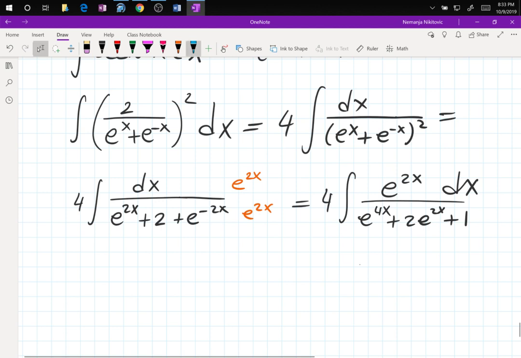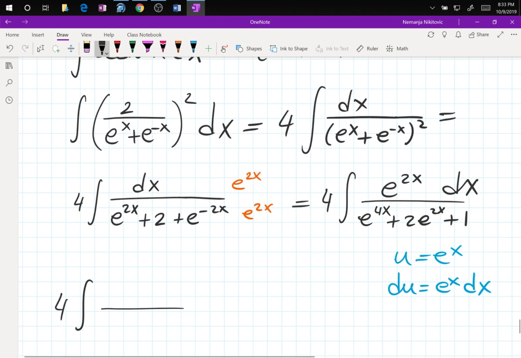U sub: u equals e to the x, du equals e to the x dx. So 4 integral. Now on top, you have one e to the x as a du, and the other one is u. So u du on top. Are we all good with that?